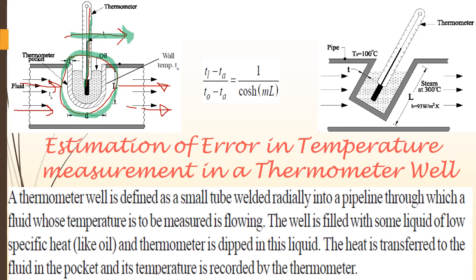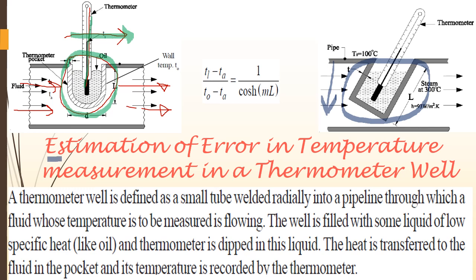Nowadays this is not used at all, but the concept we learn of extended surfaces applies here. These extended surfaces are placed inside the tube, and we have to discuss their effect.